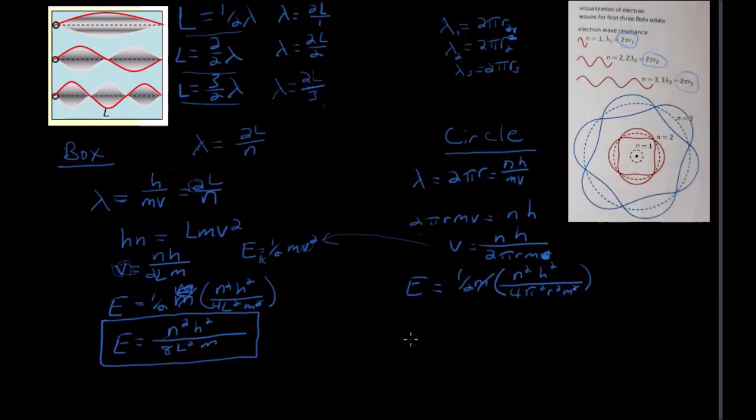I have 2 times 4, so E equals n squared h squared over 8 pi squared r squared m. Make sure I got that right. Yes. And there is the energy for this wave as we've derived it.